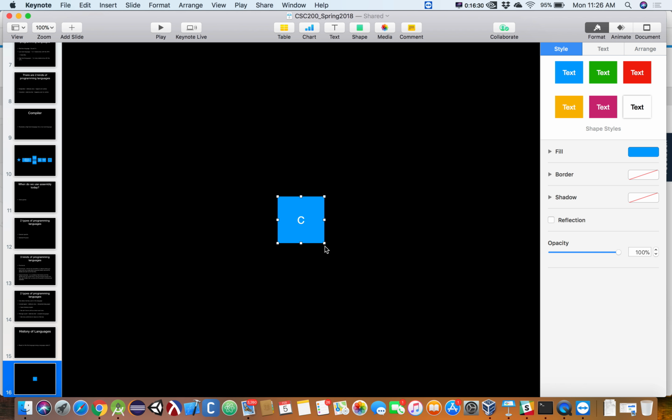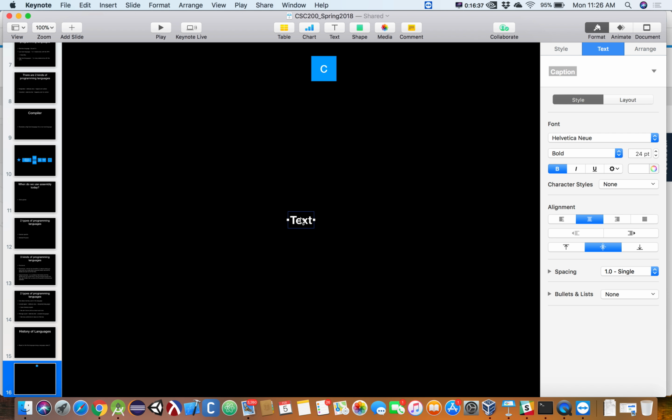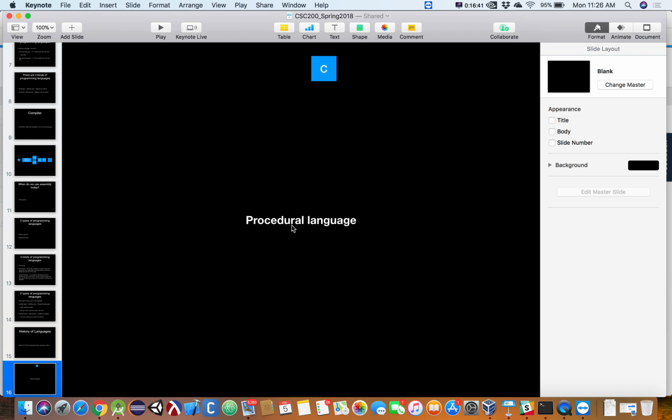So here's C. This is already related to what we talked about. So I'll throw C right there. C is a procedural language. Big pile of wires, blah, blah, blah.